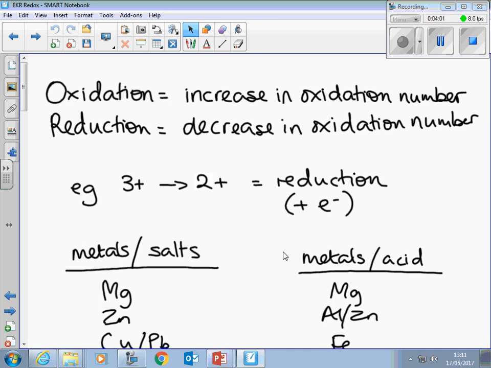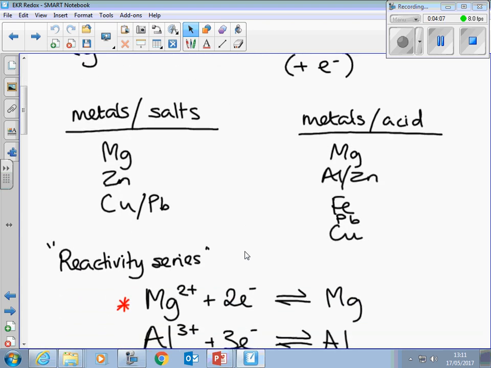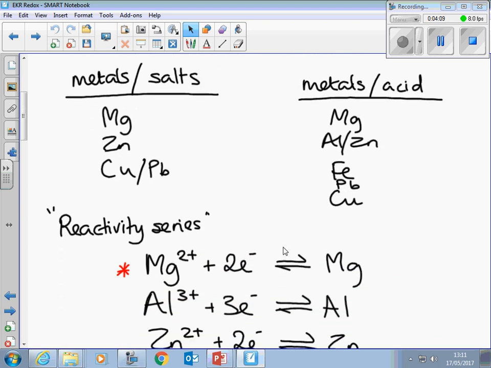Having got the definition for oxidation numbers, we then started to look at oxidation and reduction in terms of those, and moved on to the idea of different reactivity.